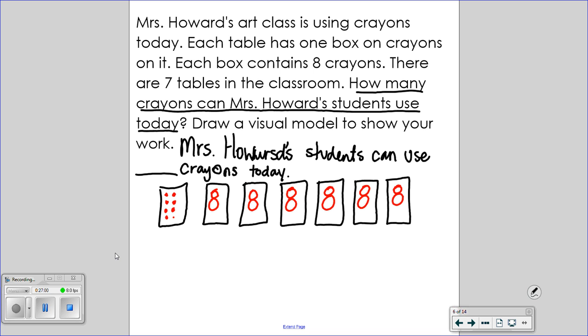You can add it. Yep. Okay. So 8 plus 8 plus 8 plus 8.